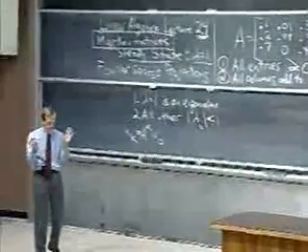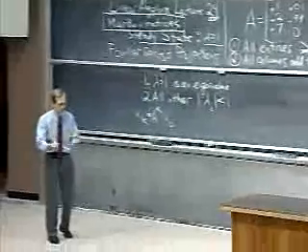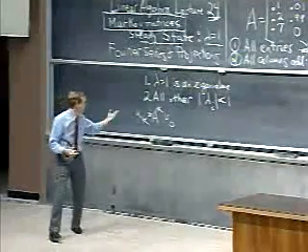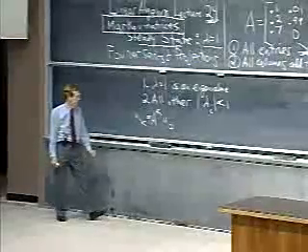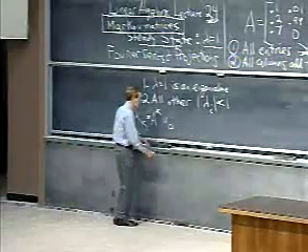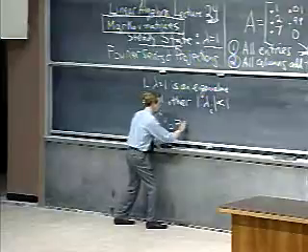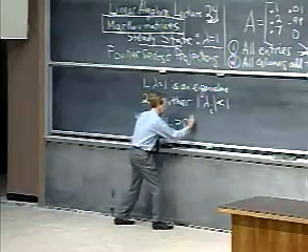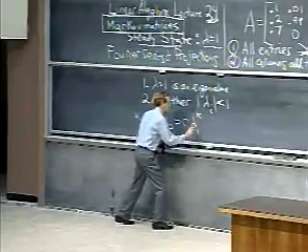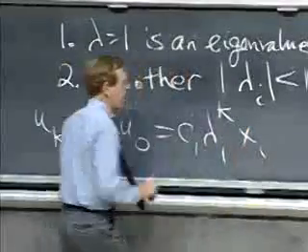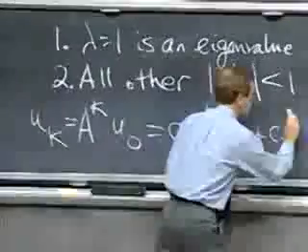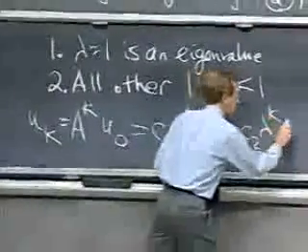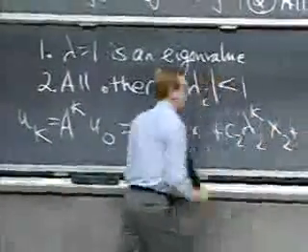Very likely the quiz will have a problem to compute some powers of A applied to an initial vector. So you remember the general form? There's some amount of the first eigenvalue to the kth power times the first eigenvector, and another amount of the second eigenvalue to the kth power times the second eigenvector, and so on.